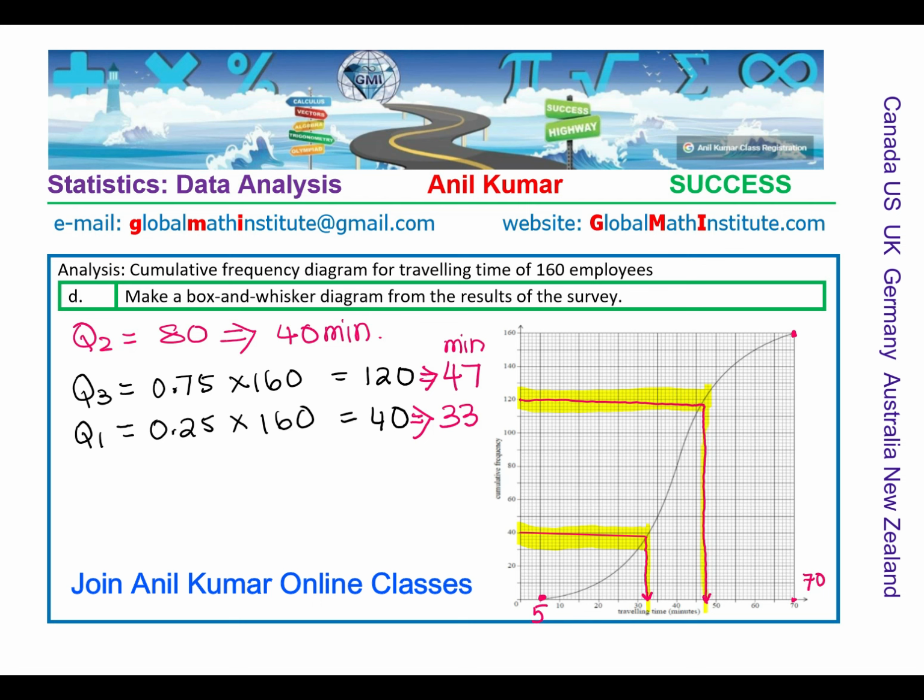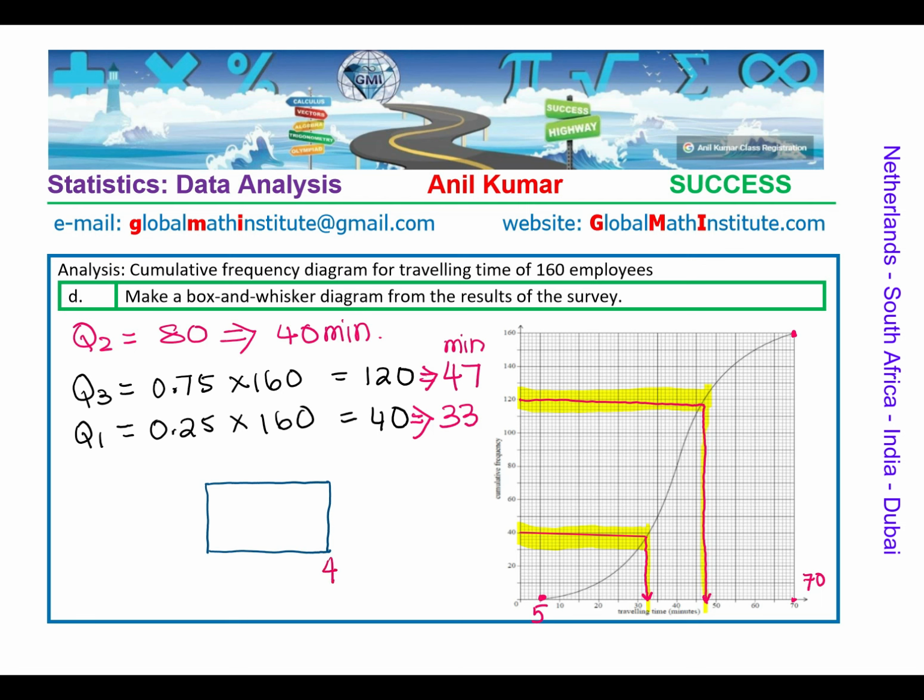We'll make a box. In this box the value of Q3 is 47, on some scale. Well, the diagram is not to scale though.